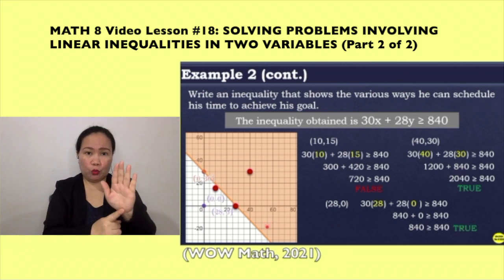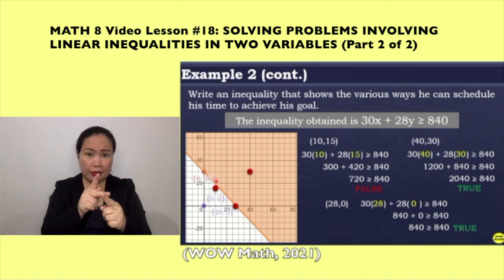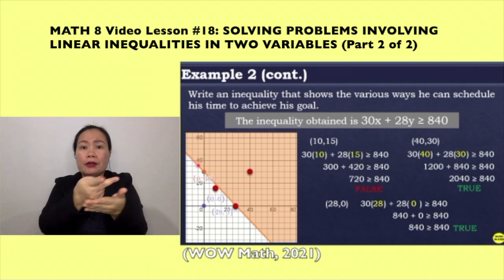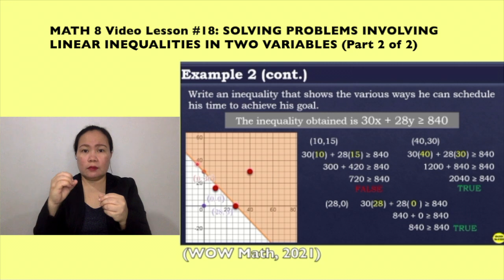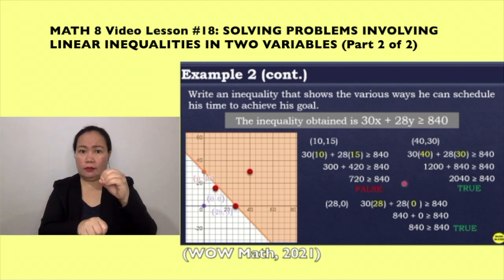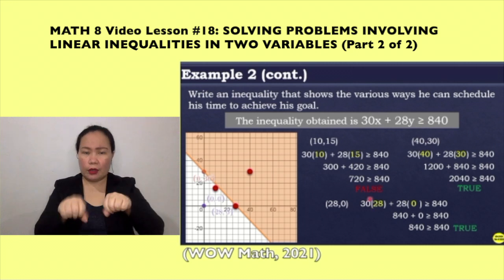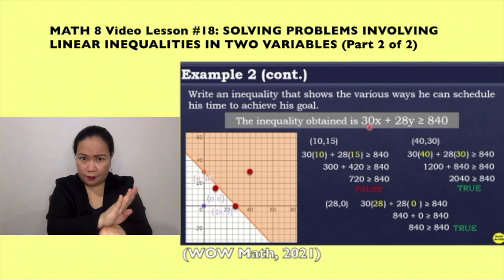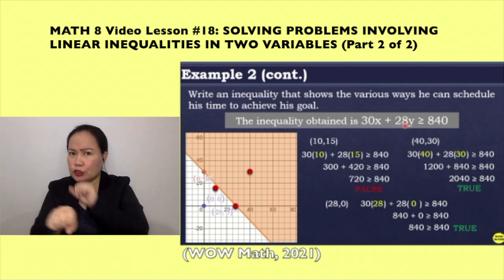Okay? So, this proves na lahat ng points dito sa ating boundary line ay solutions. Why? Kasi ang line natin ay solid. Okay? Dahil meron tayong equal sign dito. Okay. So, therefore, pwede siya mag-work ng 28 hours dun sa first job niya kahit di na siya mag-work dito sa second job.